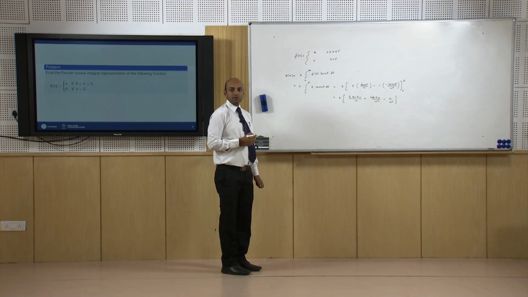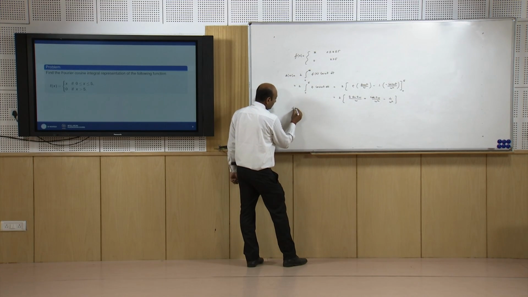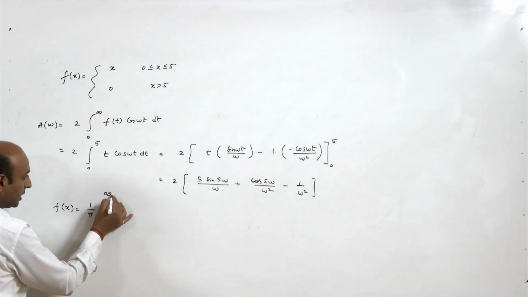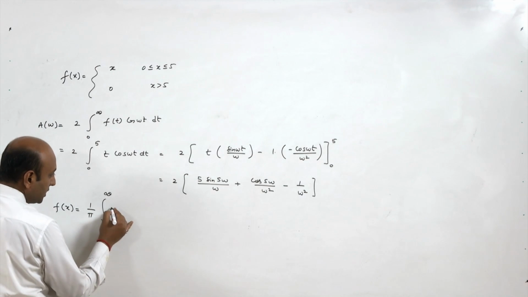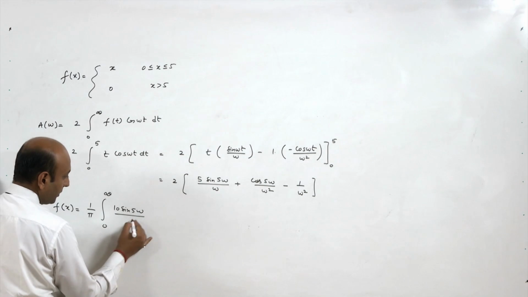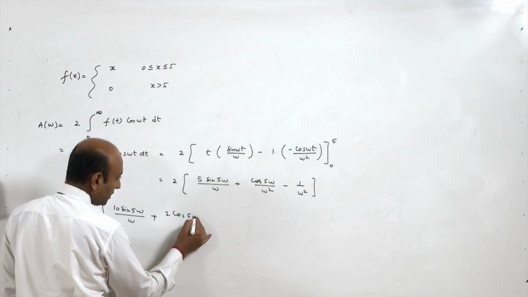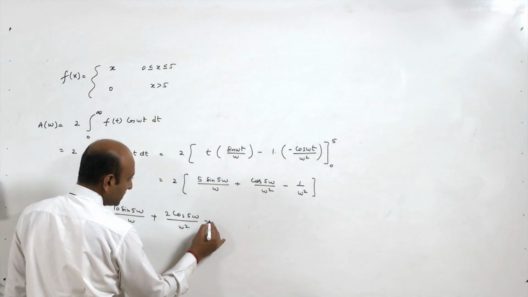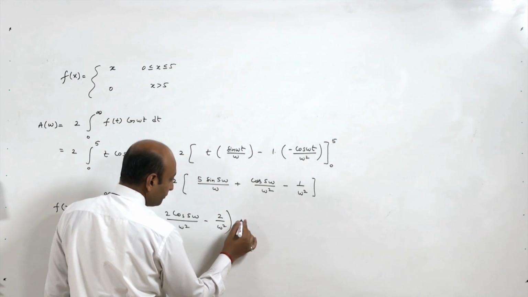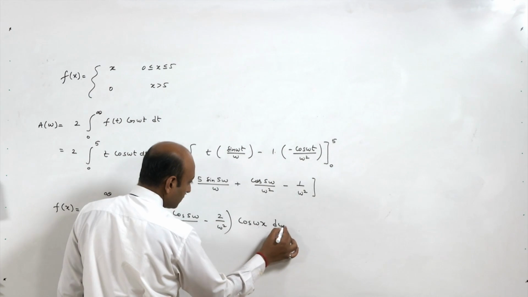So, what will be the Fourier cosine integral representation of this function? That will be given by f(x) equals 1 upon pi times the integral from 0 to infinity of A omega, where A omega is this value, 10 sine 5 omega upon omega plus 2 cos 5 omega upon omega square minus 2 upon omega square, and the whole thing is multiplied by cos omega x d omega.